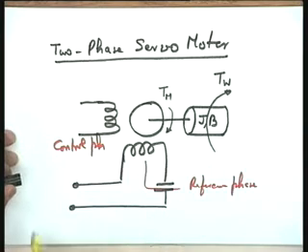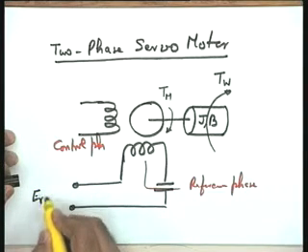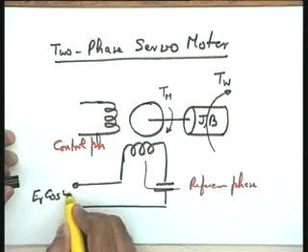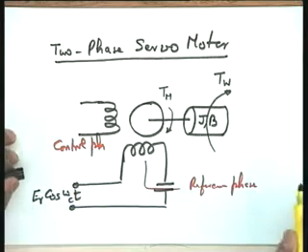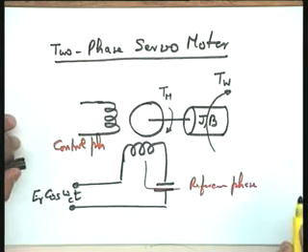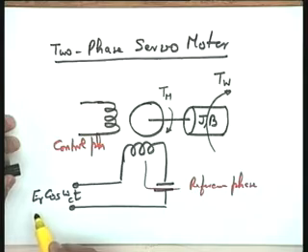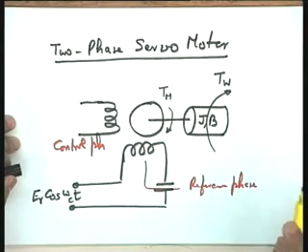This reference phase has the voltage supply ER cos omega_c t. Omega_c, as you will see shortly, is a carrier wave frequency. The c is coming because of that reason. It is the carrier wave frequency, and ER stands for the reference voltage.